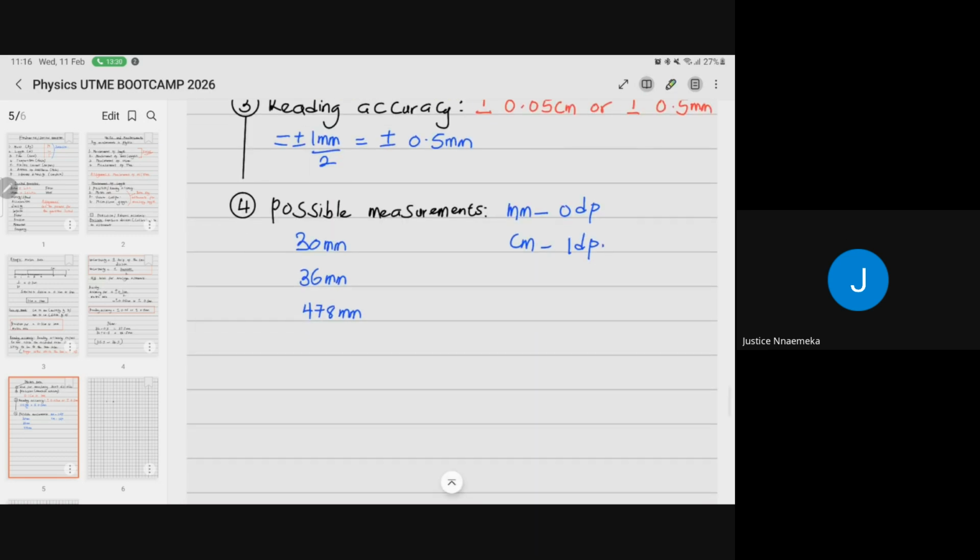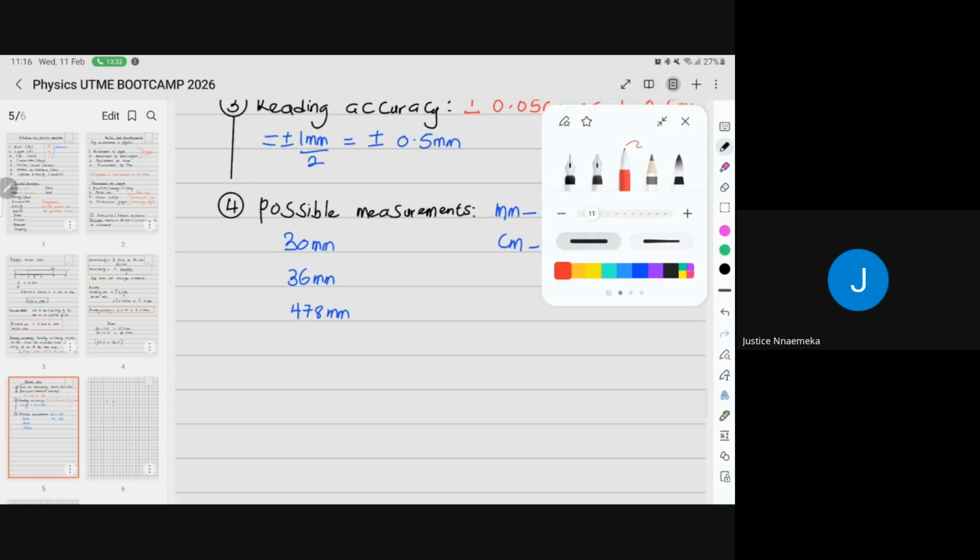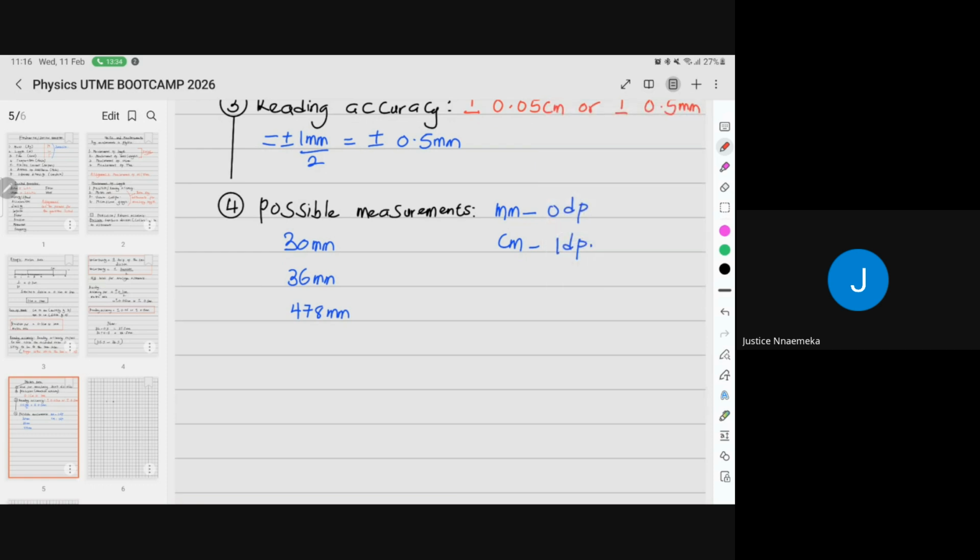Notes. I know this might be a little bit confusing, and that's why I'm trying to say that millimeter can only be whole. You cannot have anything other than a whole millimeter when you are measuring with a ruler, right?